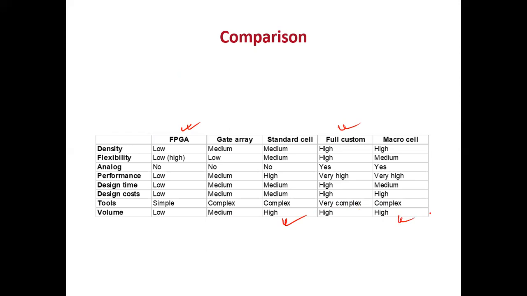So you just write down on the basis of these points: density, flexibility, analog, performance, design time, design cost, tools, and the volume. Is this okay?